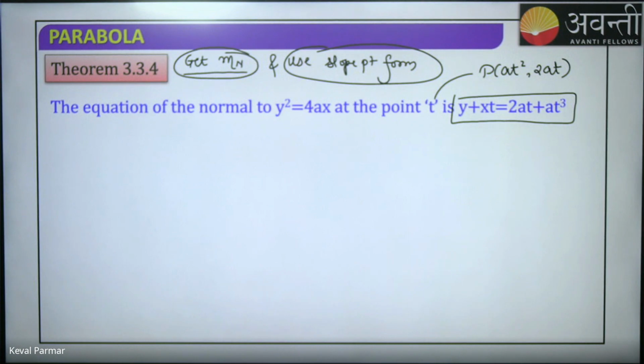If you get it, just write I got it or yes sir or anything.